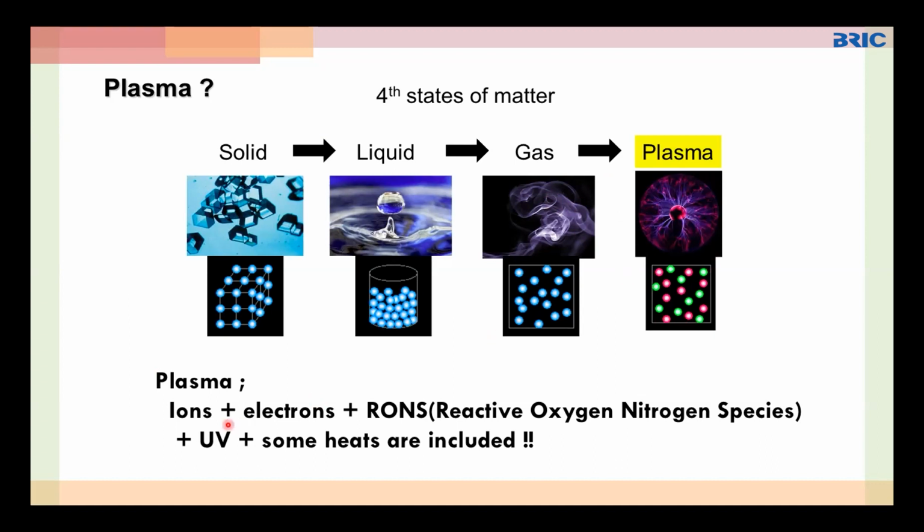And it consists of ions, electrons, reactive oxygen and nitrogen species, a very minute amount of UV, and some heat can be included in plasma. And this plasma can be tuned for various purposes. You can make your own plasma for generation of specific gas or specific reactive species by controlling physical factors or some kind of environmental factors.